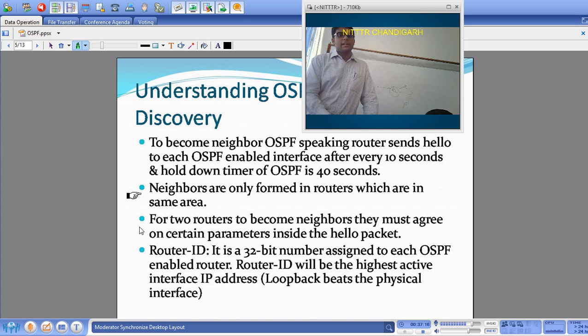For two routers to become neighbors, they have to agree on some parameters. So there is a term known as router ID. It is a 32-bit number assigned to each OSPF enabled interface.